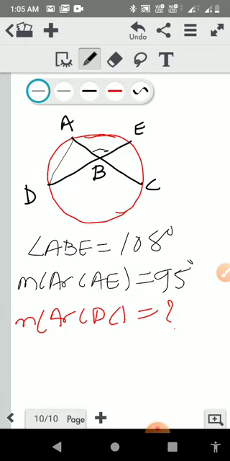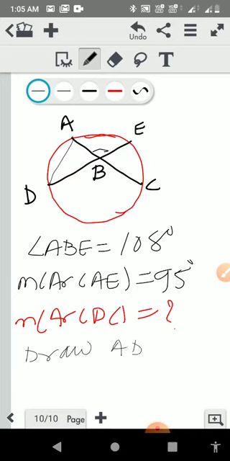Because after joining them I will get angle ADE, which is the inscribed angle for arc AE, isn't it? From there I can easily get the value of angle ADE as per the inscribed angle theorem.